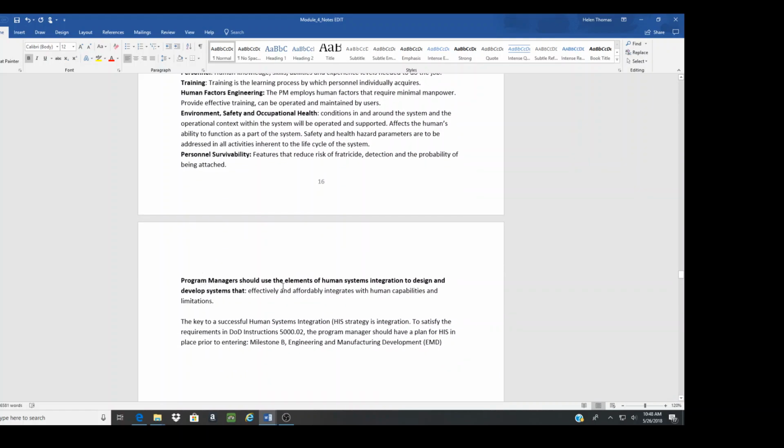Program managers should use the elements of human systems integration to design and develop systems that effectively and affordably integrate with human capabilities and limitations. So while they're developing the system, you have to consider the human aspect, who's going to operate it. It is what they need to do within their capabilities and limitations as a human being, not even knowledge, skills, and ability as a human.